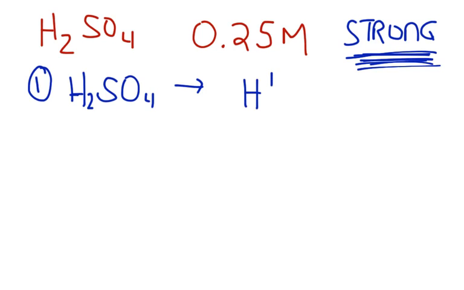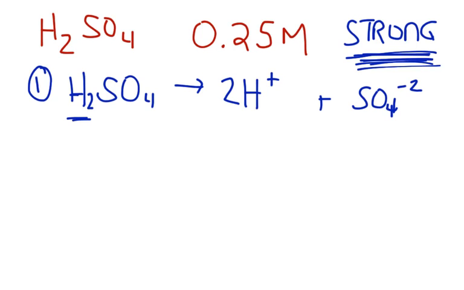We know it has to break down into hydrogen, because that's the key for an acid, and it has to break down into sulfate. I know that's what happens, but I have to make sure my numbers work. If this was an H2, I've got to end up with 2 hydrogens and 1 sulfate, and now everything is balanced.